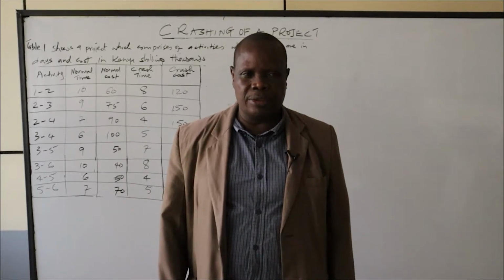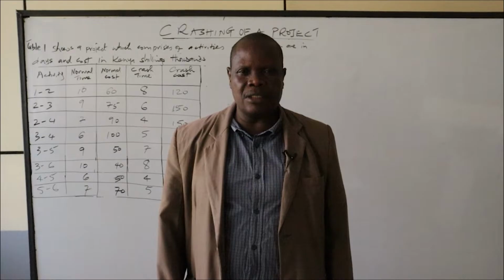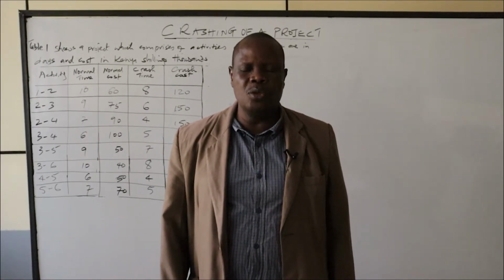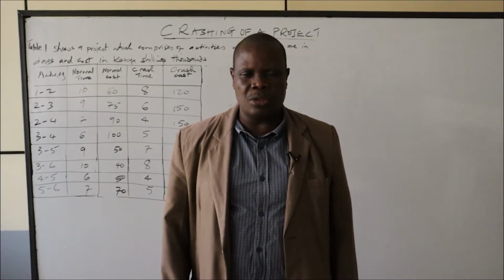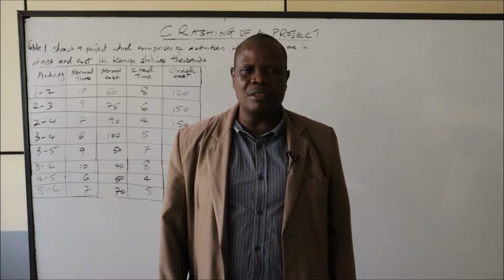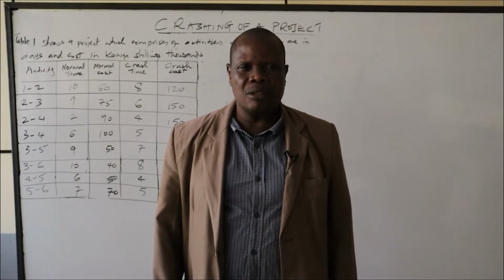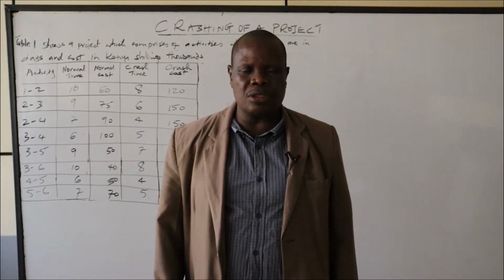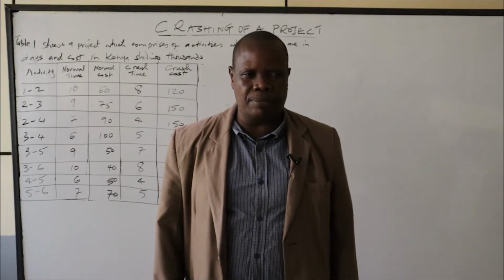The extra resources involved can be overtime premium, that is extra cost. We can hire machines, we can engage more workers, and therefore the activity duration will be shortened. This time is known as crash time.